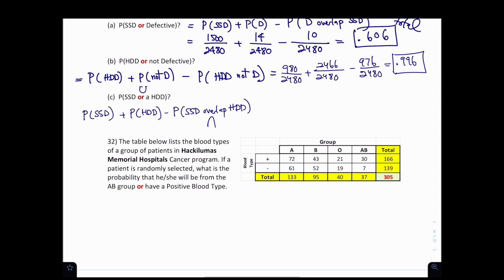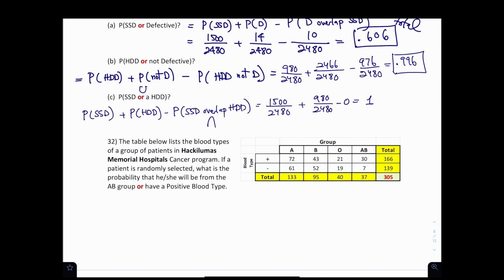Anyhow, if I do this, there are 1500 SSDs, divided by the total number, plus there are 980 HDDs, and there is no SSD that is an HDD, they're just two different products, so here the overlap is 0, so the answer is just 100%. Obviously, if you pick a disk at random, it will be either one or the other, so it is 100%. All right, excellent.